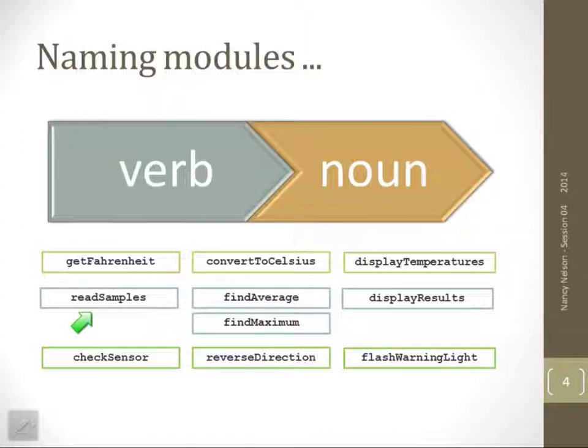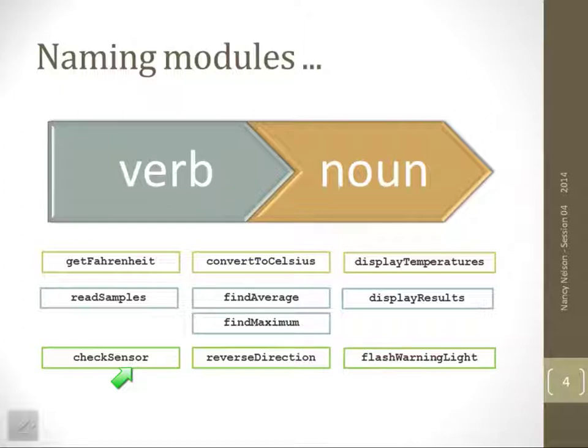If we have read samples, read usually means we're coming from a database of some kind, maybe a file, maybe a set of built-in data, and we're getting some information that represents samples. And then check sensor would indicate we're going out to check a physical device to see what its state is, in this case, a sensor.